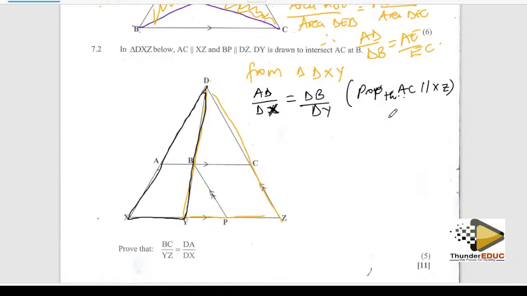Then if that is true, I can look for another triangle, which is DYZ, the one that I was looking at initially.